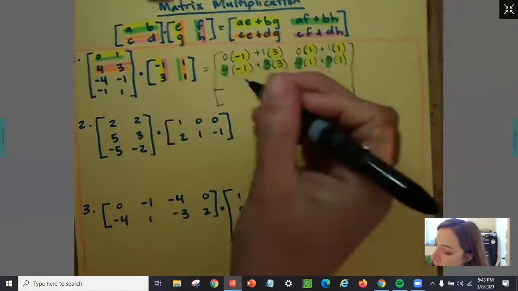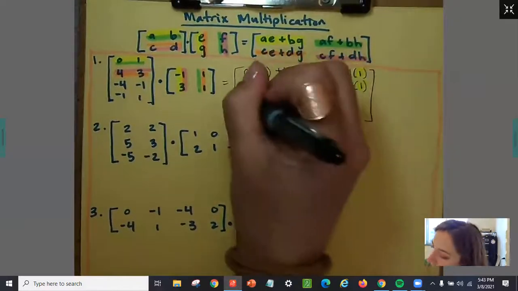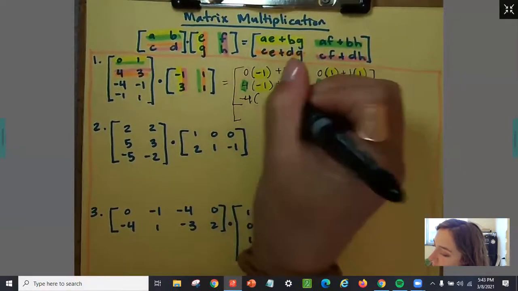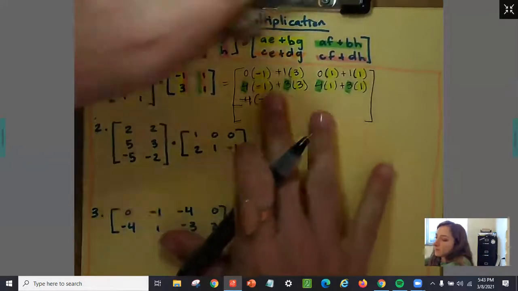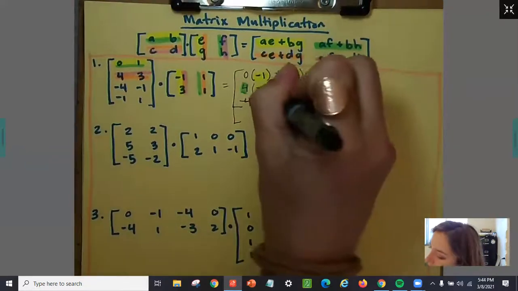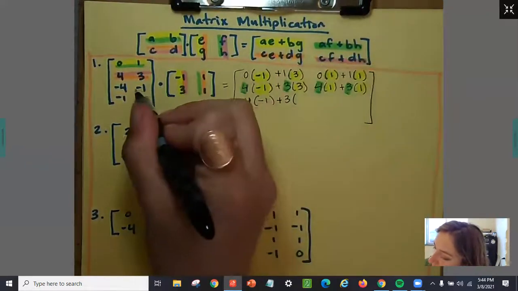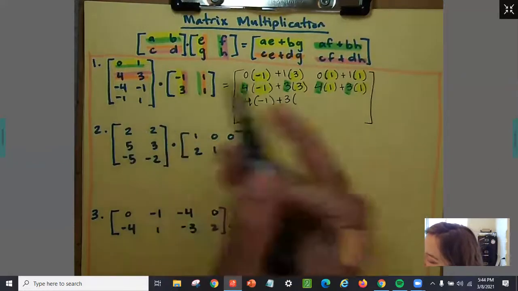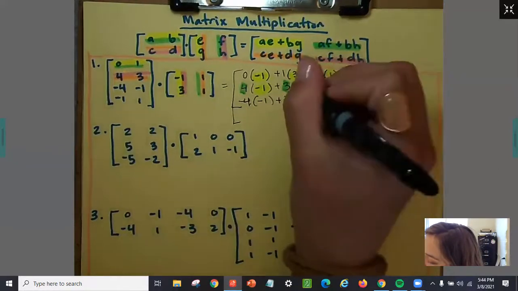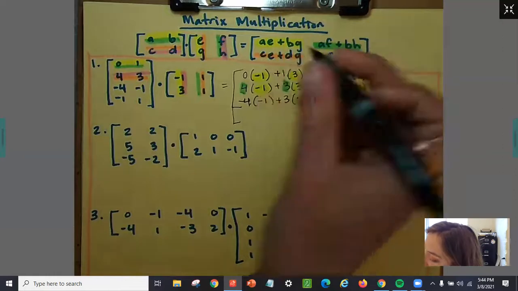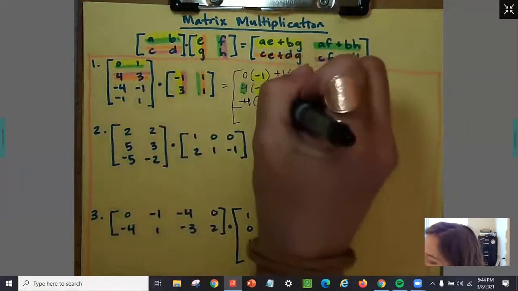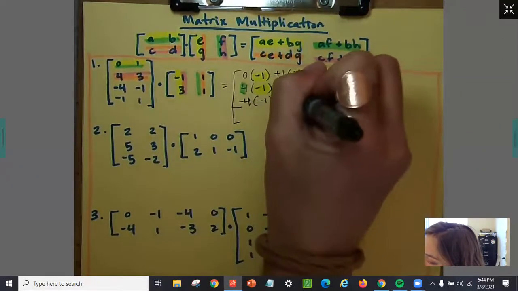So now we're going to have negative 4 times negative 1 plus 3 times 3. Plus negative 1. Sorry, I was using negative 1 right here. Plus negative 1 times 3.